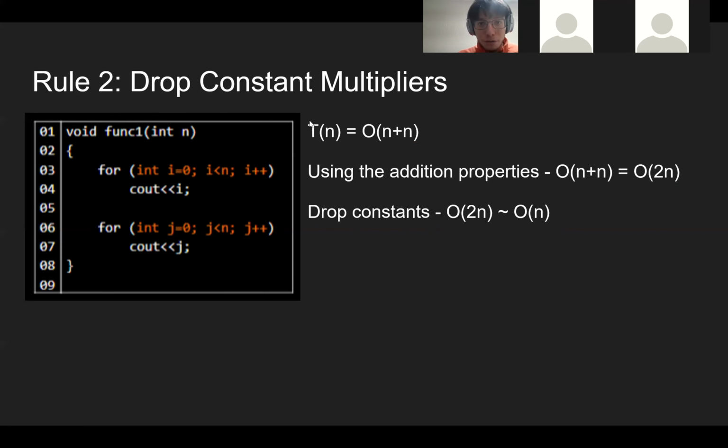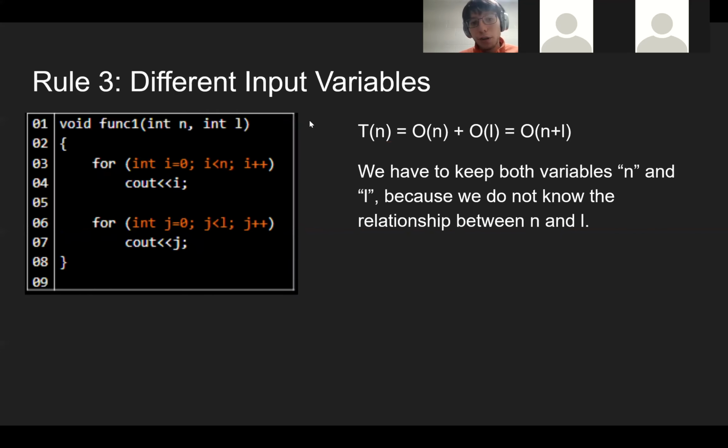So drop constant multipliers. And rule 3 is different input variables. If there are different input variables, like we saw earlier with the addition rule for n and m, here there are different input variables again, n and l this time, right? And just like before, we have n plus l.